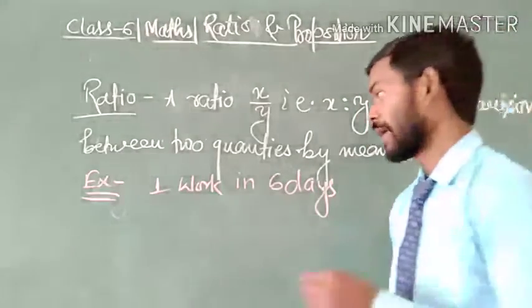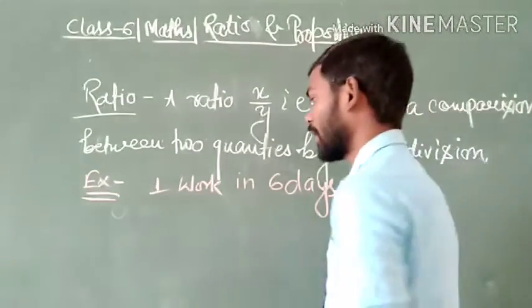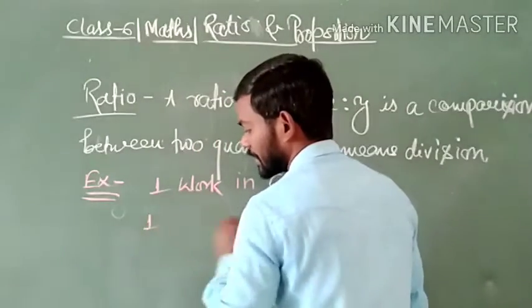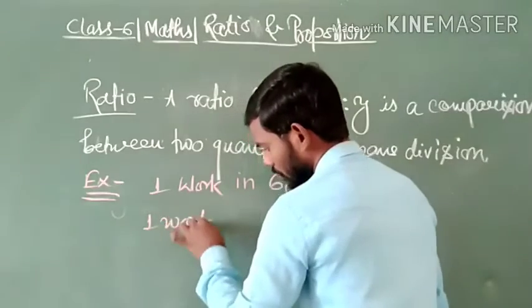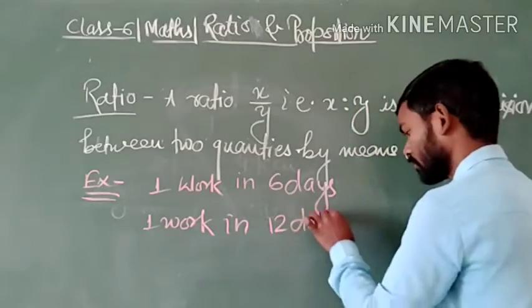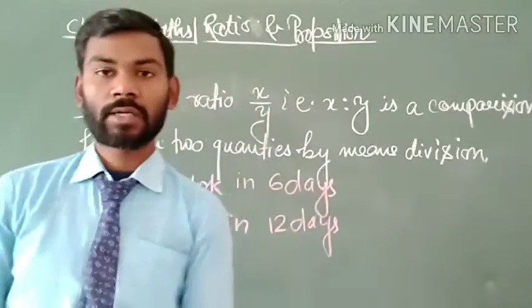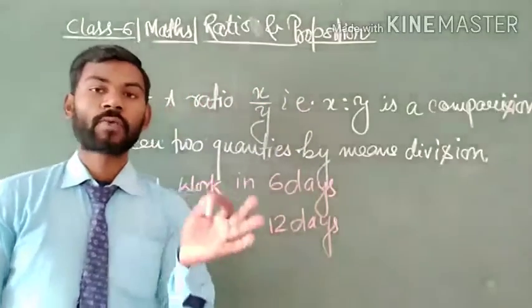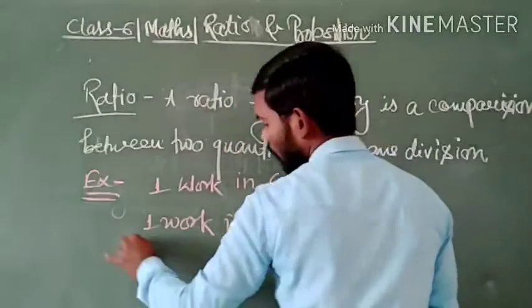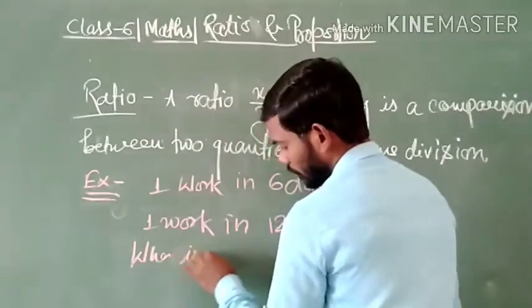If I complete a work in 6 days and my brother completes the same work in 12 days, then the question arises: who is faster? Who is faster?